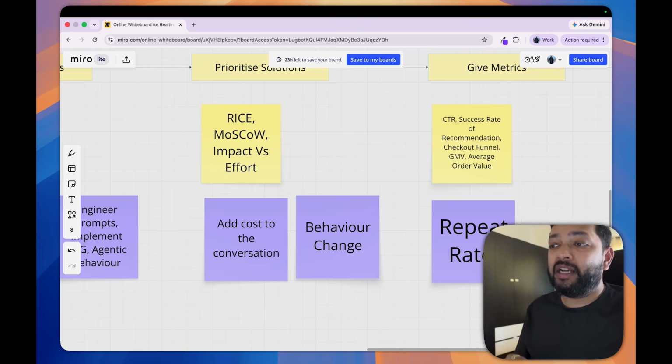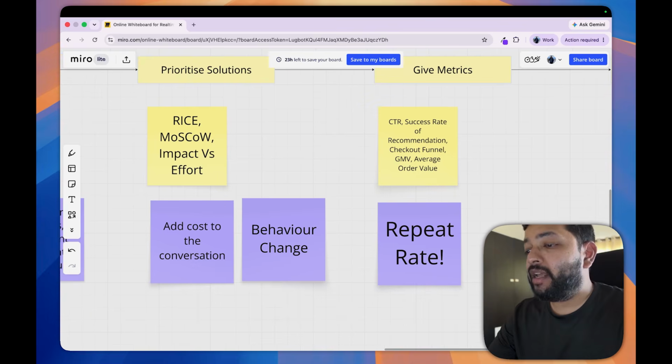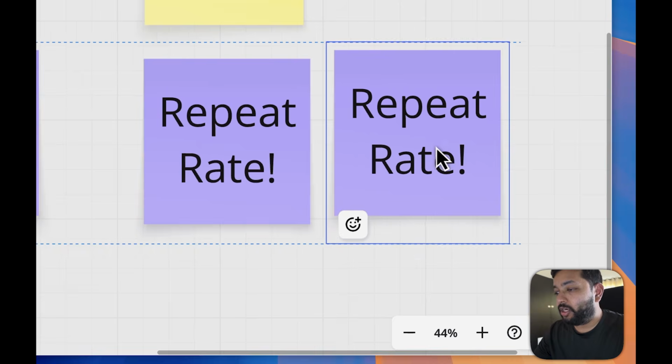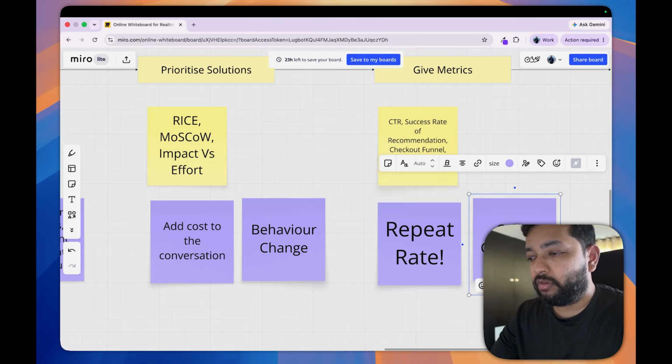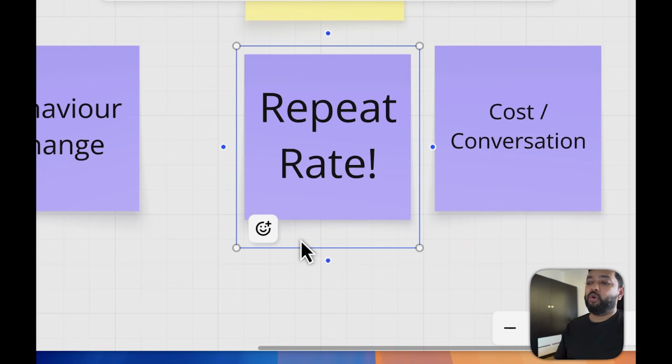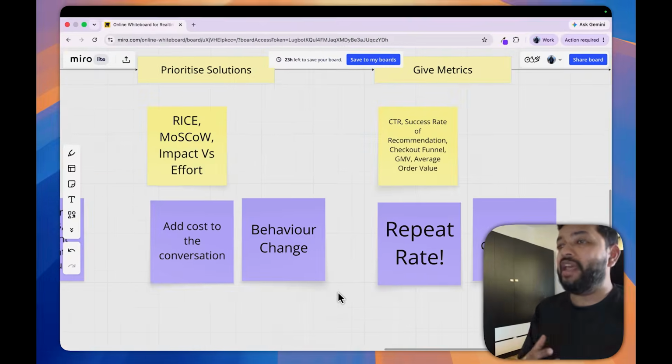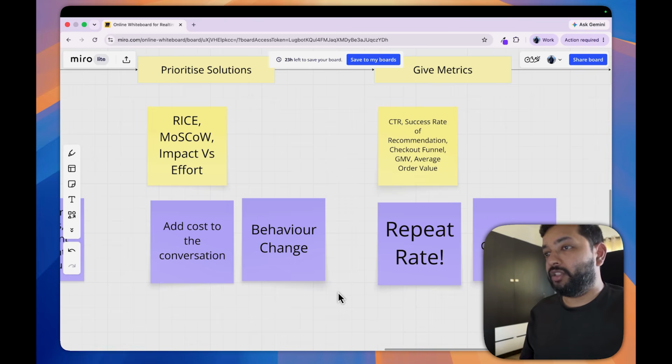So that's why repeat rate is the most important piece that you add. And the second thing that we've already talked about is the cost per conversation, right? Because of the token cost involved with AI, you can never leave this out of the window. You always have to ensure that you are doing enough to understand the cost per conversation as well. Right, those are the two things that you add.